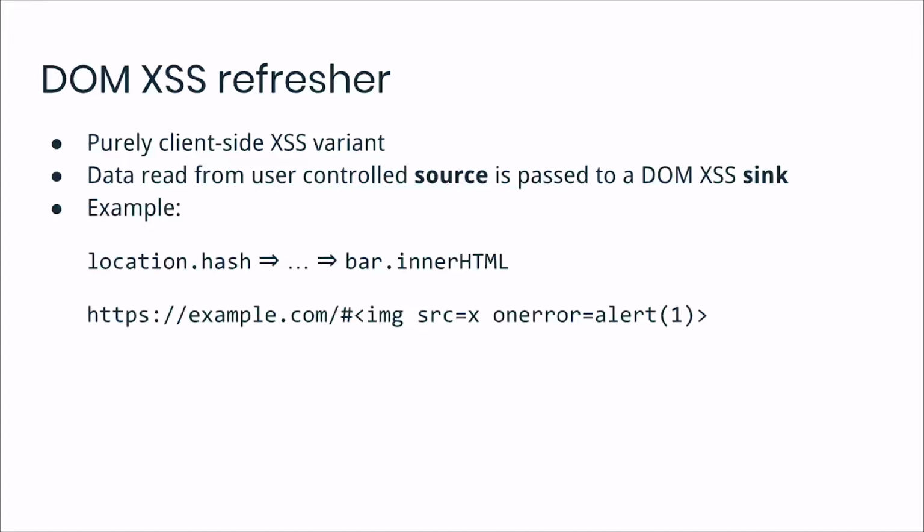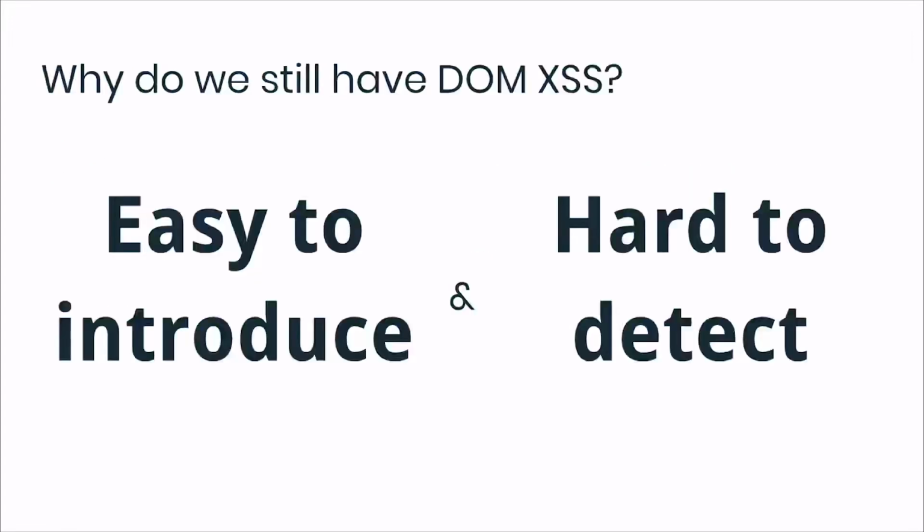It starts from data being read from an attacker-controlled source, then being passed around throughout your JavaScript code down to something that is called a DOM XSS sink. A classical attacker-controlled source is the location hash object in your JavaScript program. And later on, this gets outputted without proper sanitization, for example, into the innerHTML property assignment of any HTML element, right? Classic, DOM XSS 101.